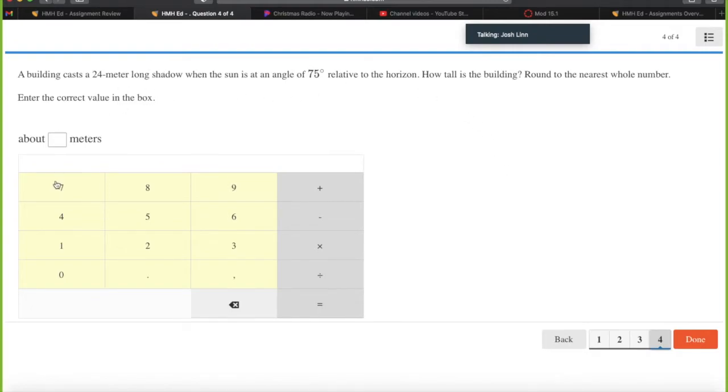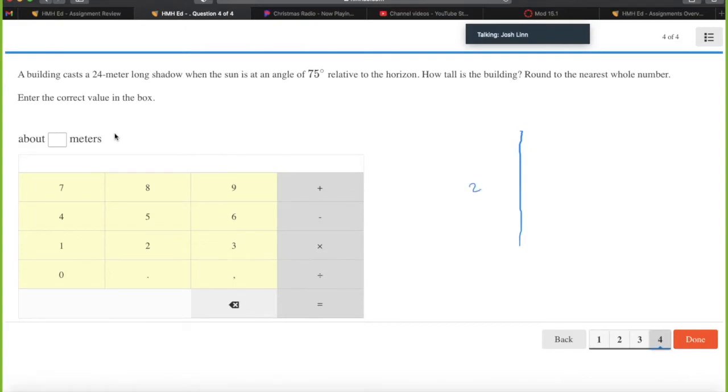A building casts a 24-meter long shadow when the sun is at angle 75 degrees relative to the horizon. How tall is the building? Round to the nearest whole number and enter the correct value in the box. So, you know what we're going to do? Draw a picture. This is going to be stick figures to the best. So we have a building. You guys like my building?